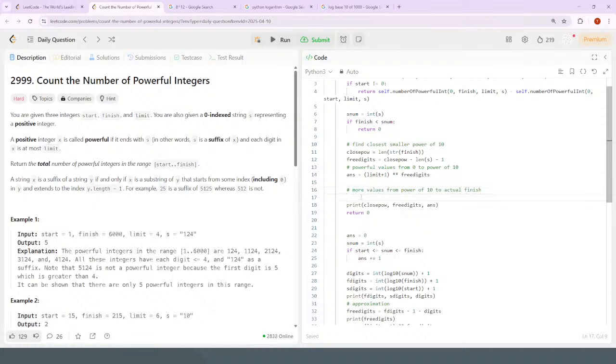So for every digit that is bigger than 1, so for each digit in range of, let's say, 2 to limit plus 1.